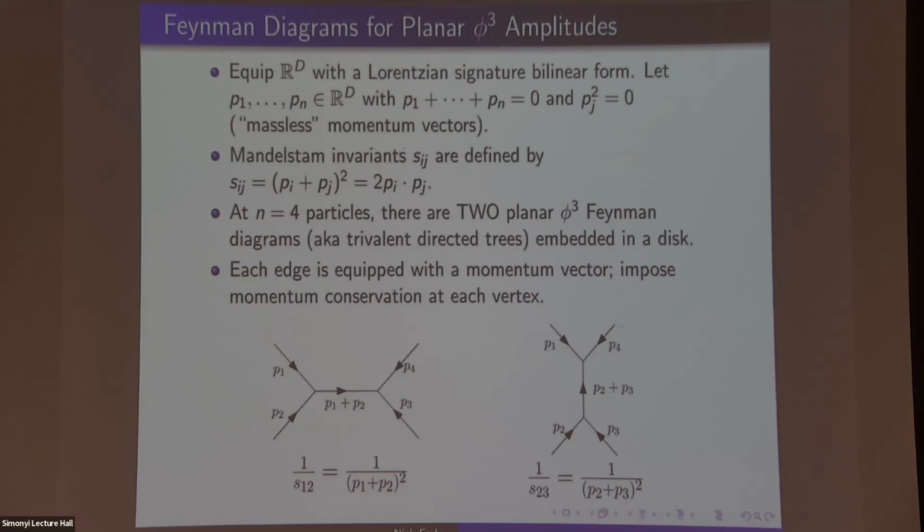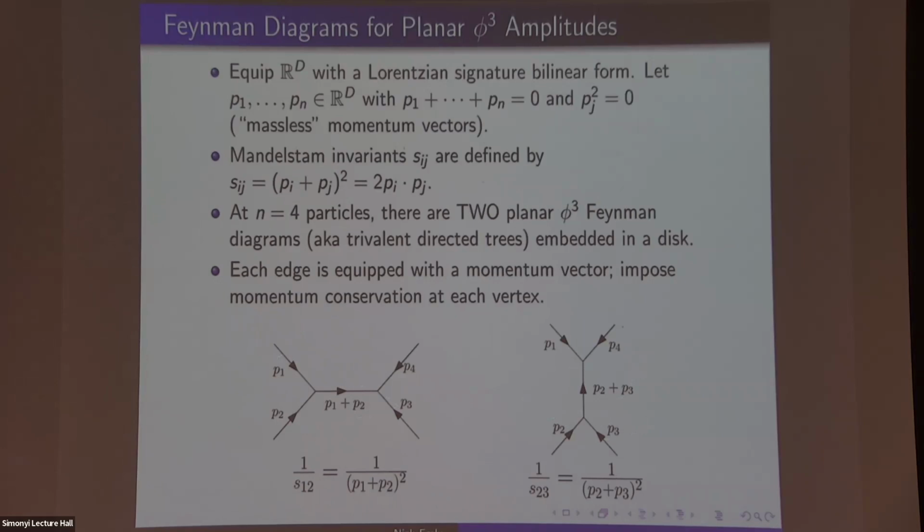Okay. So with this setup, let's look at a 4-particle amplitude in the phi cubed theory. In that case, we have 2 planar cubic trees that embed in a disk, where the disk is oriented cyclically, 1, 2, 3, 4, around the boundary. So here we have the 2 Feynman diagrams.